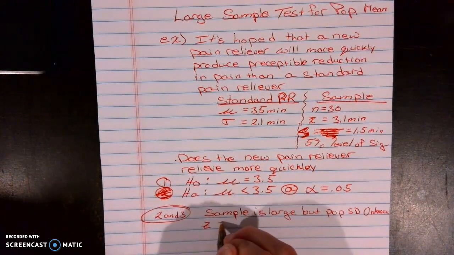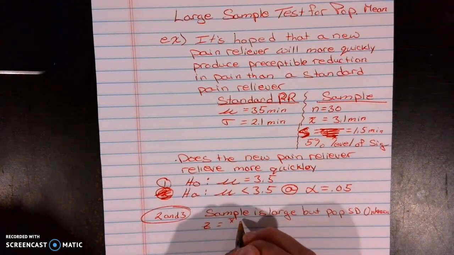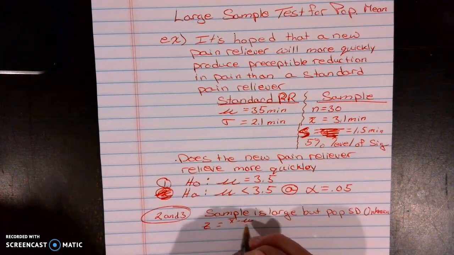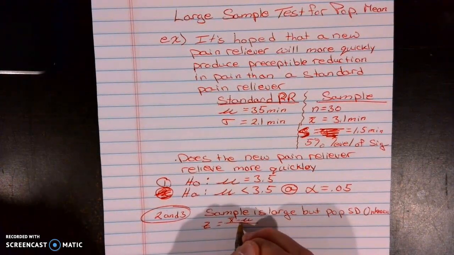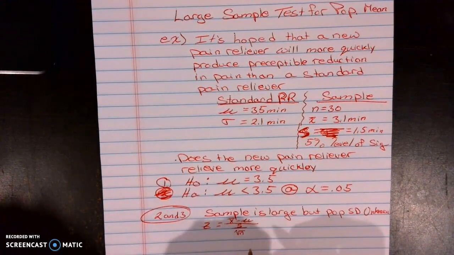And basically for the z-score, we use our formula. We're going to use the sample mean minus the mean, divided by the standard deviation over the square root of n.